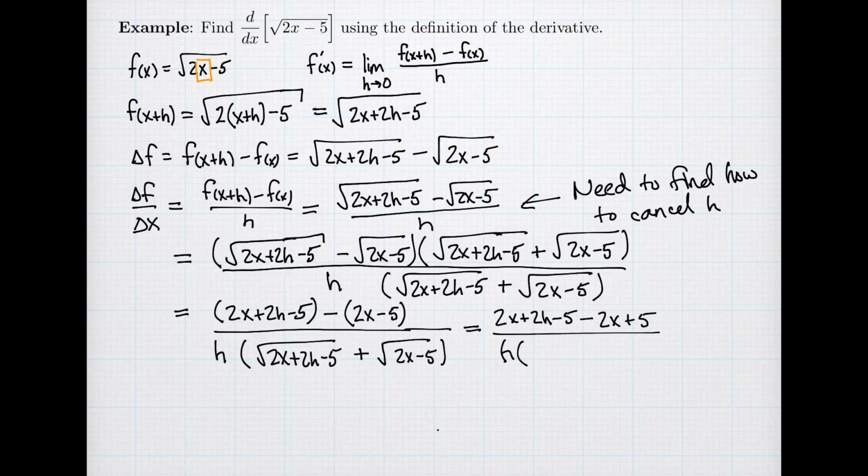I have h times the conjugate term that we had. Things start to simplify. 2x minus 2x cancels, minus 5 plus 5 cancels, and I'm left with just 2h on the top divided by h and the conjugate.